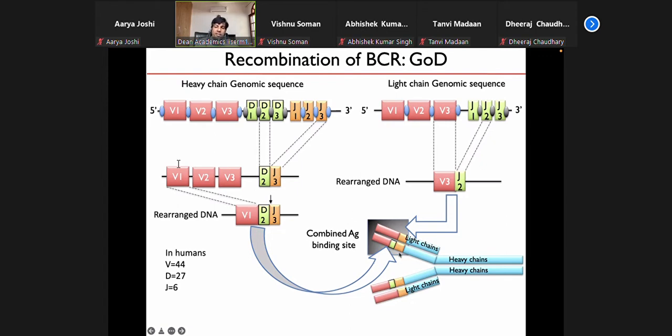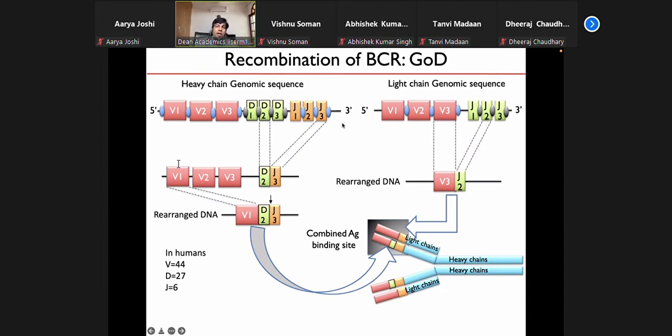Obviously the other steps also have to take place, that this variable region has to combine with the heavy chain, and also with the light chain constant region. And those sequences are present. For example, you have this VDJ. There is a certain way these things are organized in the genome.